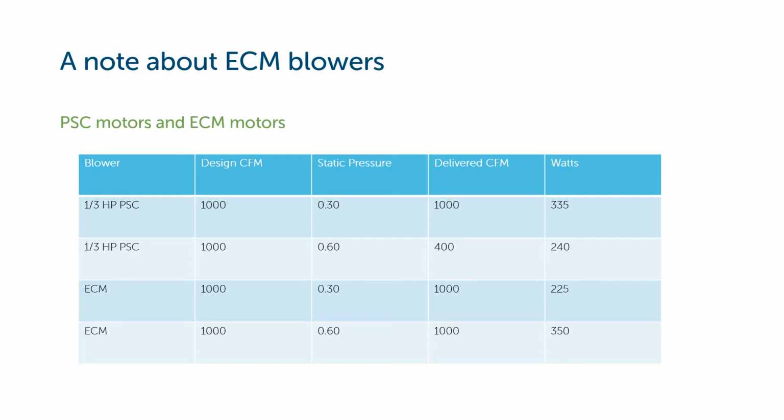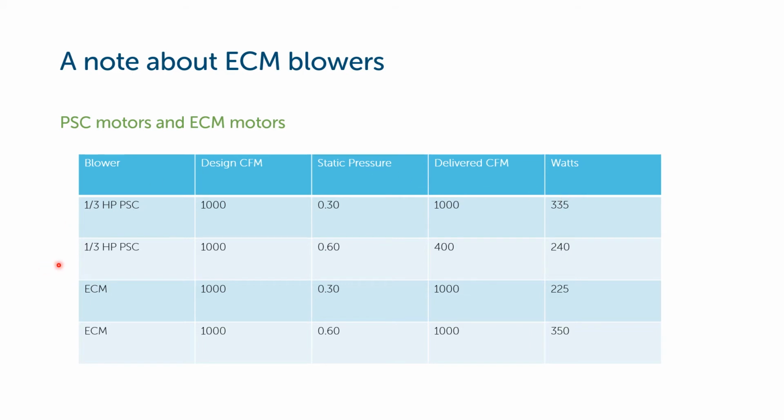Here's a note about ECM blowers. If we look at, say, a 1/3 horsepower permanent split capacitor motor, and we have a design CFM of 1,000 CFM, and our static pressure is 0.3 inches water column, it's going to deliver 1,000 CFM and use 335 watts.